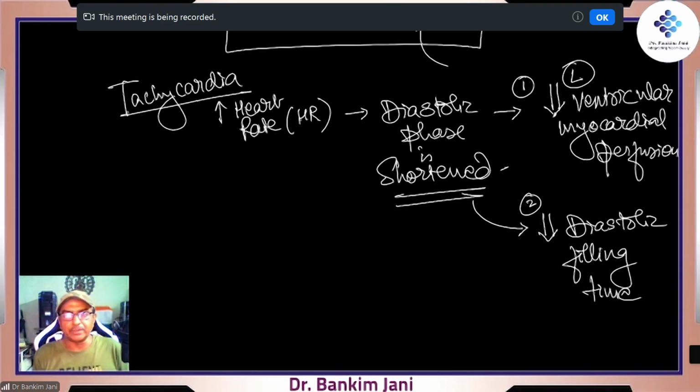Left ventricle is shortening. Shortening means, I didn't understand. Just elaborate what exactly you want to ask. Okay, so it happens like when the diastolic phase is shortened, this is like a time. Diastolic phase means this is time, right?